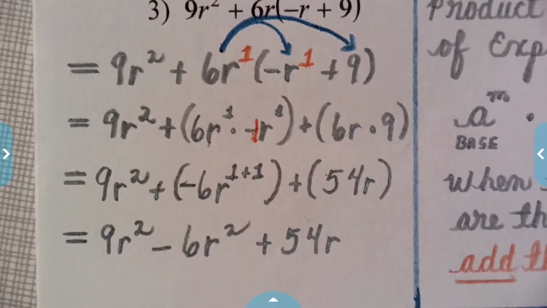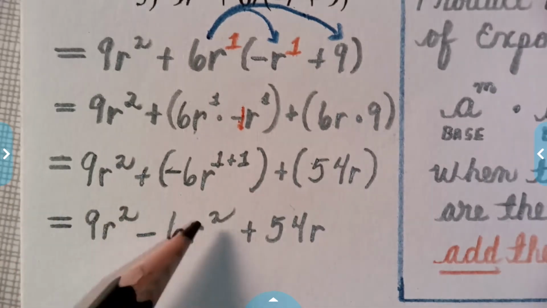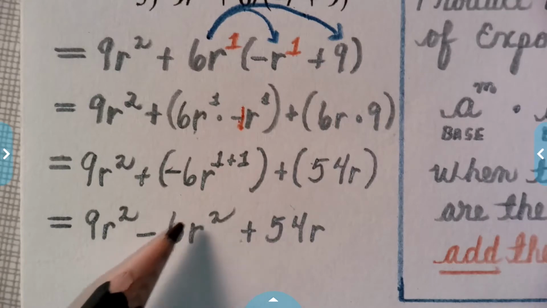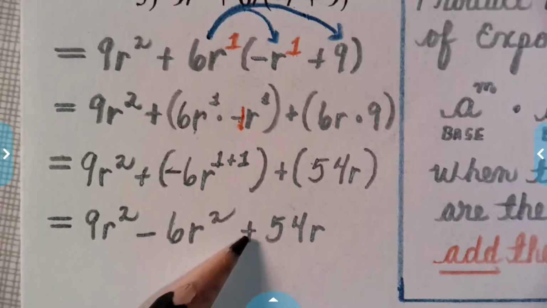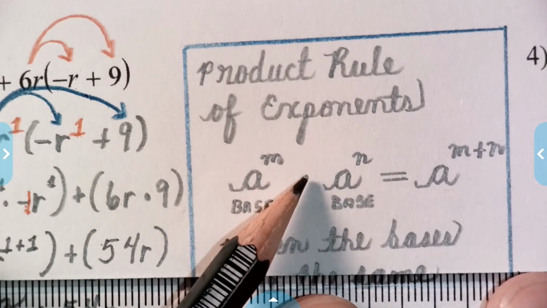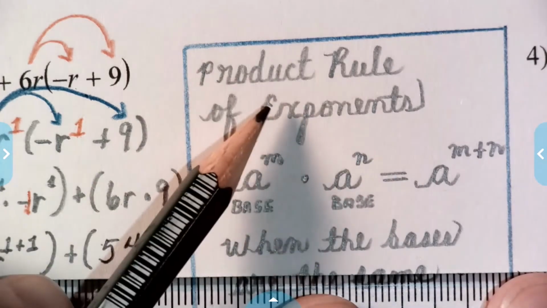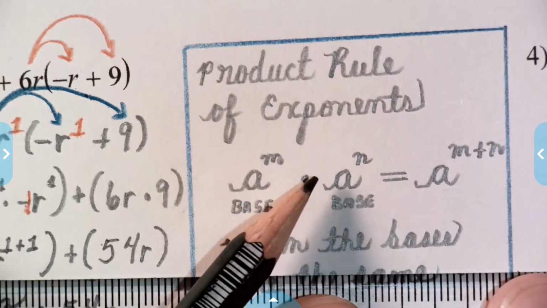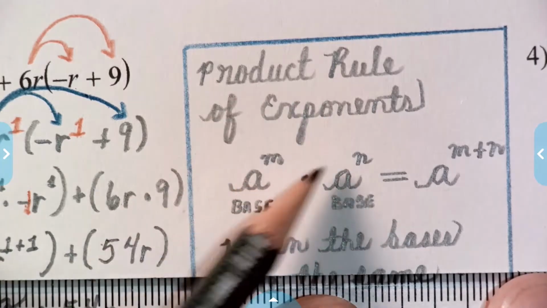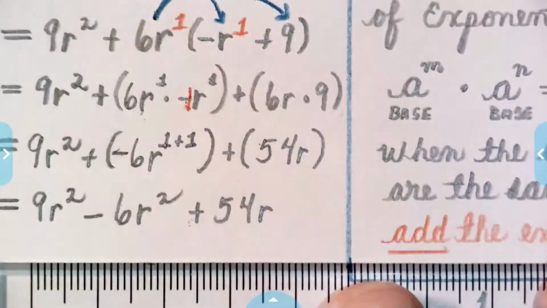Okay. I should add here that you can't play the exponent game when it's addition. This has to be multiplication. Okay. There's a similar rule for division. You can probably guess what it is. If multiplication causes you to add the exponents, division would cause you to subtract the exponents. But addition and subtraction do not apply.